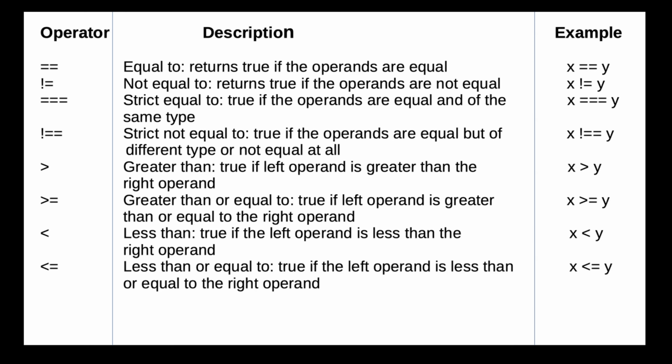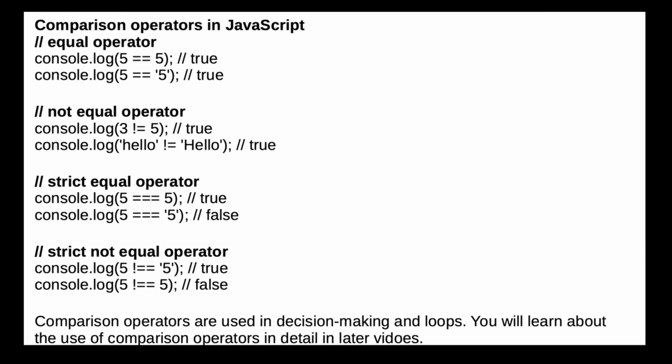Next is less than or equal to. It returns true if the left operand is less than or equal to the right operand. So here some comparison operators are equal operator, not equal operator, strict equal operator, strict not equal operator.